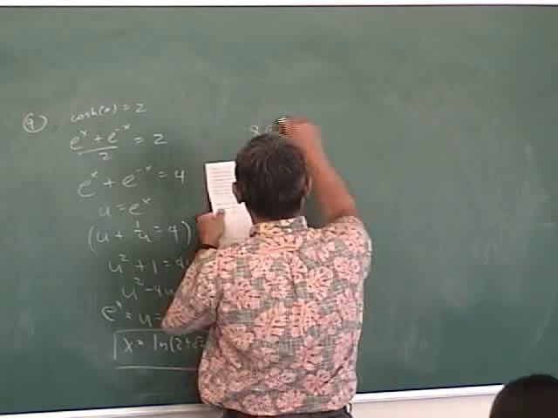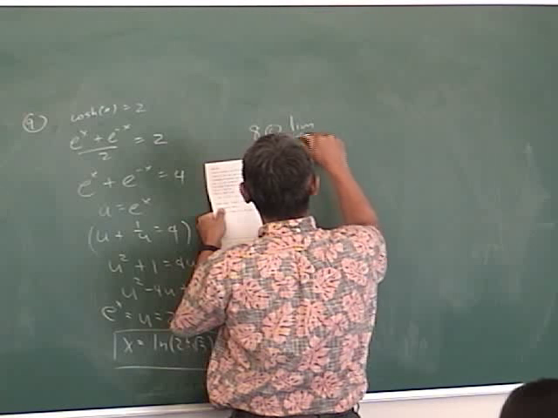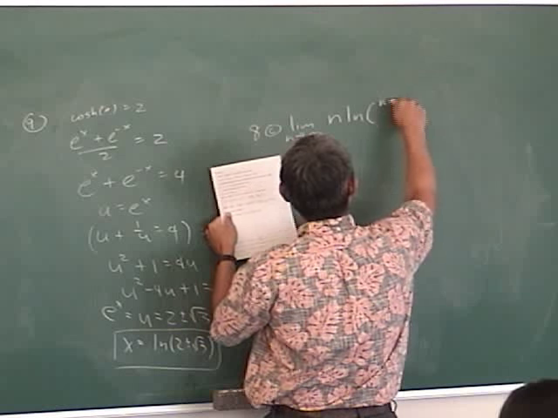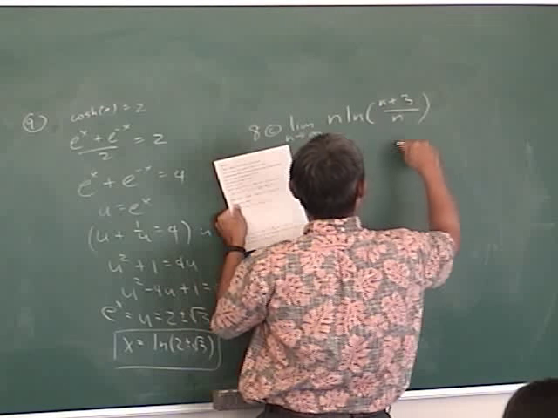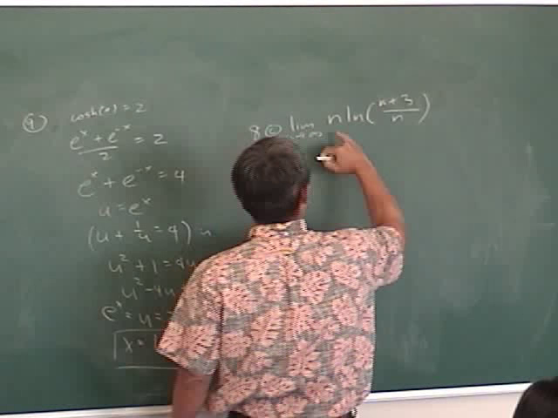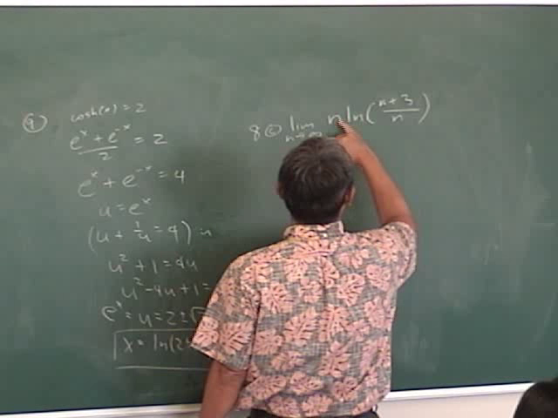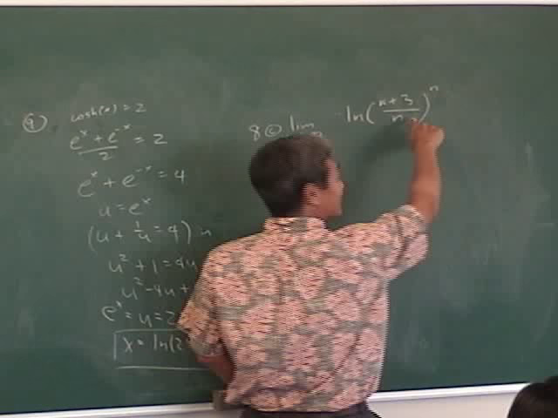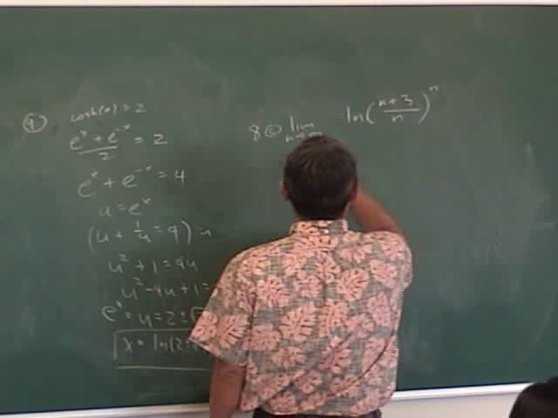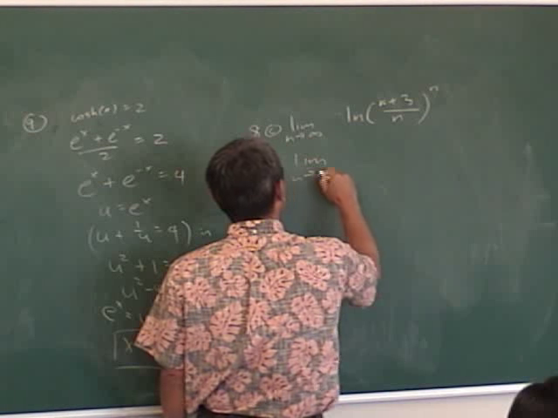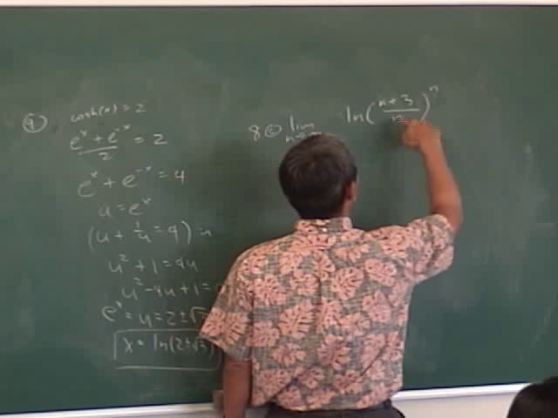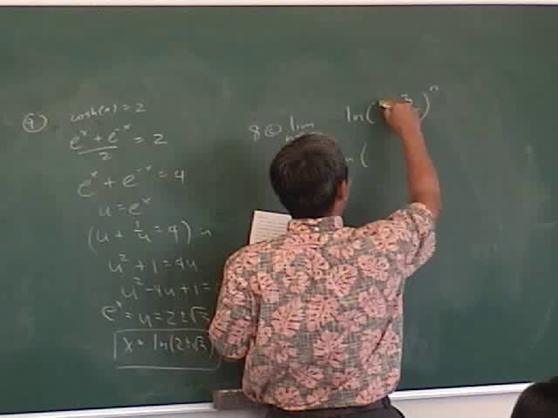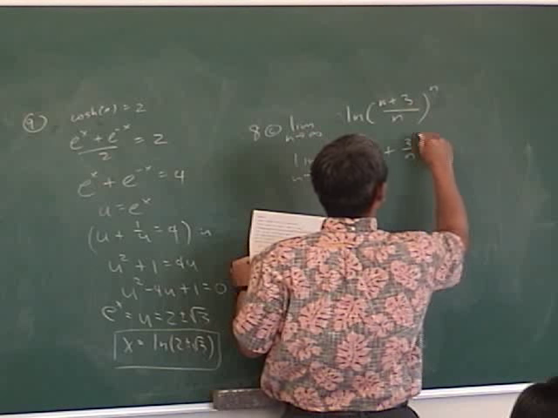8C. Limit as n approaches infinity, n times natural log of n plus 3 over n. Okay, first thing, if you have a logarithm, what can you do with this thing in the front? Put it up as the power. It's starting to look like something. Okay, so what do I need to do here? Divide and separate. So n over n is 1, 3 over n to the n.